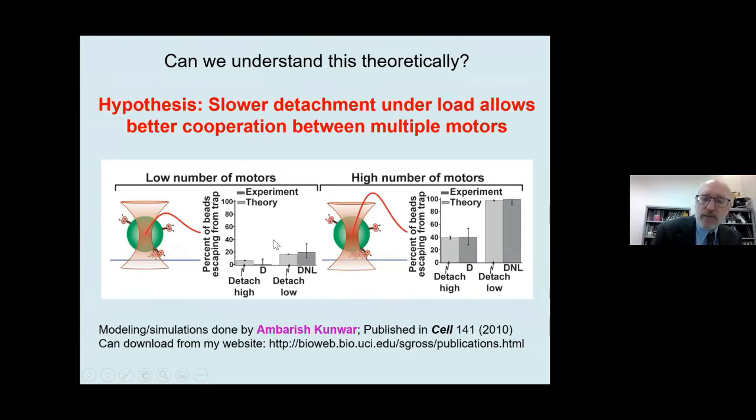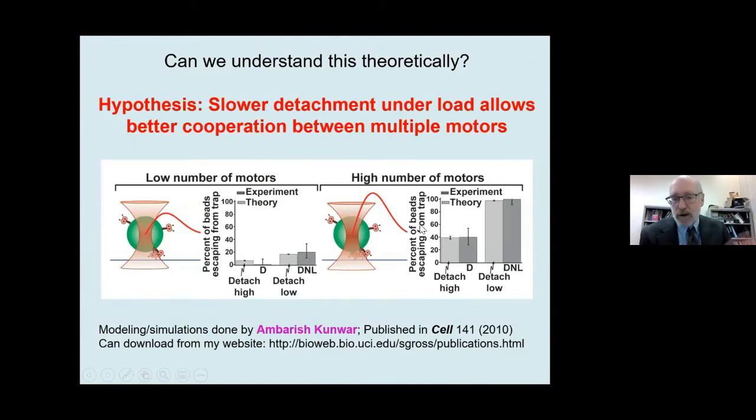And in the presence of NudE and Lis1, at that same level of force production, you get some probability of escaping from the trap on the order of 20%. Now, if you go to a high number of motors, you can do the same thing, where maybe 40% of the beads with a high amount of dynein are escaping from the trap.